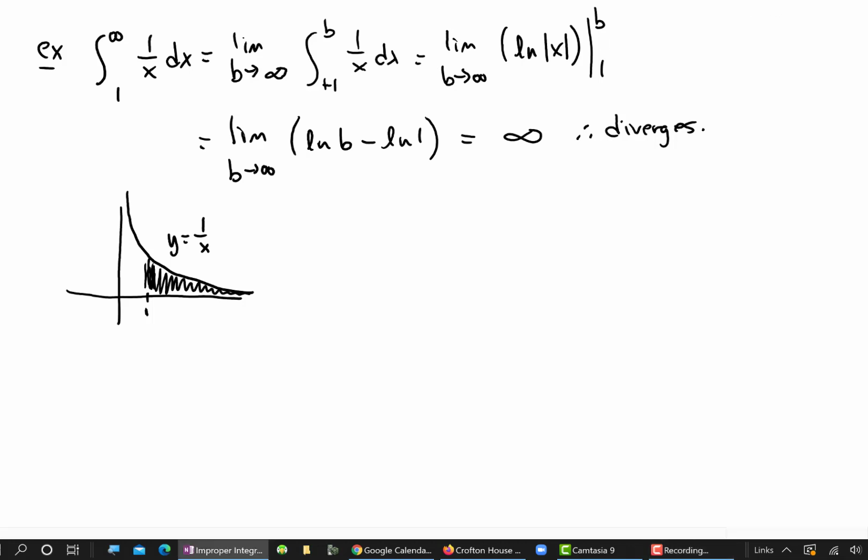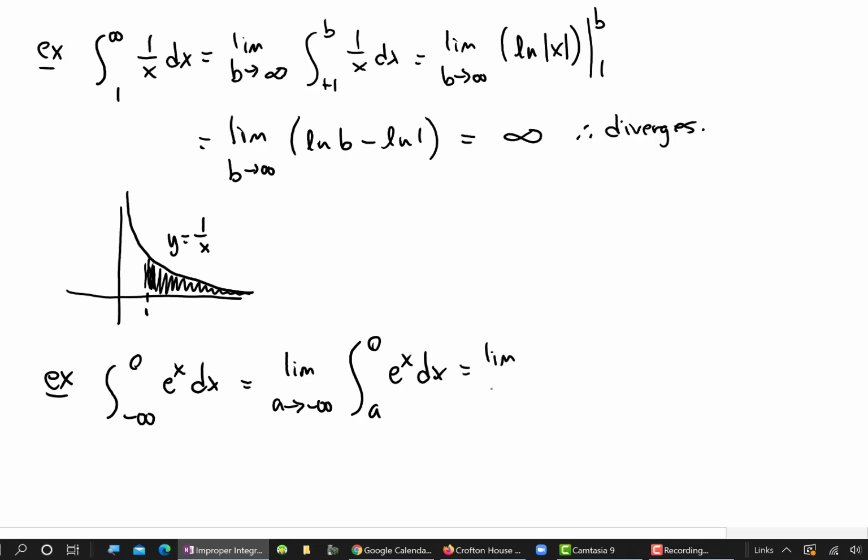Now let's compare that to this example, where I have an integral from negative infinity to 0 of e to the x dx. So the limit as a goes towards negative infinity, and change this to the integral from a to 0 of e to the x dx. Apply my integration and get e to the x being evaluated at 0 and a, which gives me the limit as a goes towards negative infinity of e to the 0, which is 1, minus e to the a.